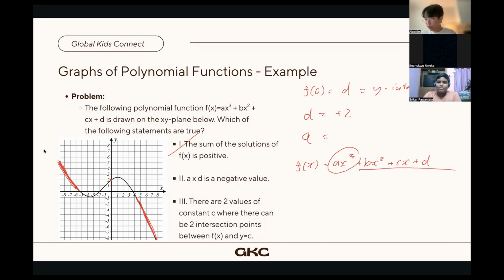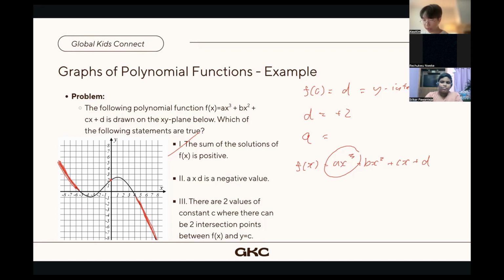And so if we get a large enough x value, let's say close to infinity or like 100,000 or 1 million, then this value will be overpowering, deciding what the sign or the general value will be for the y values.